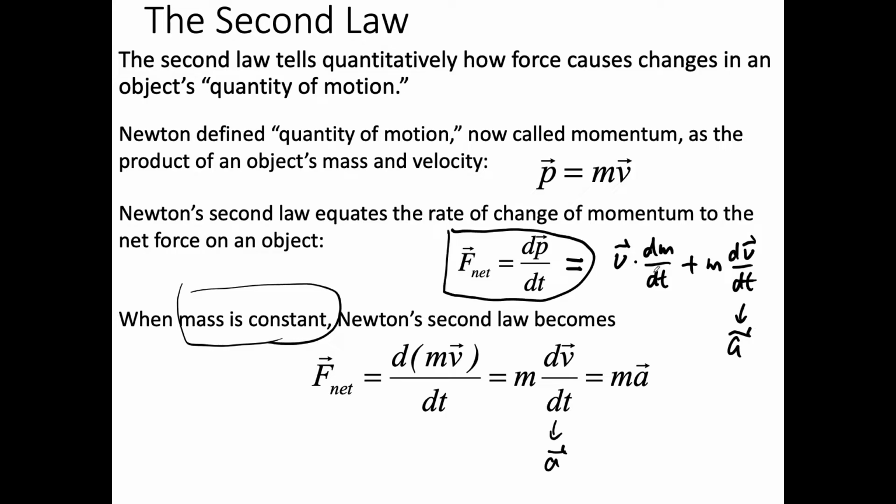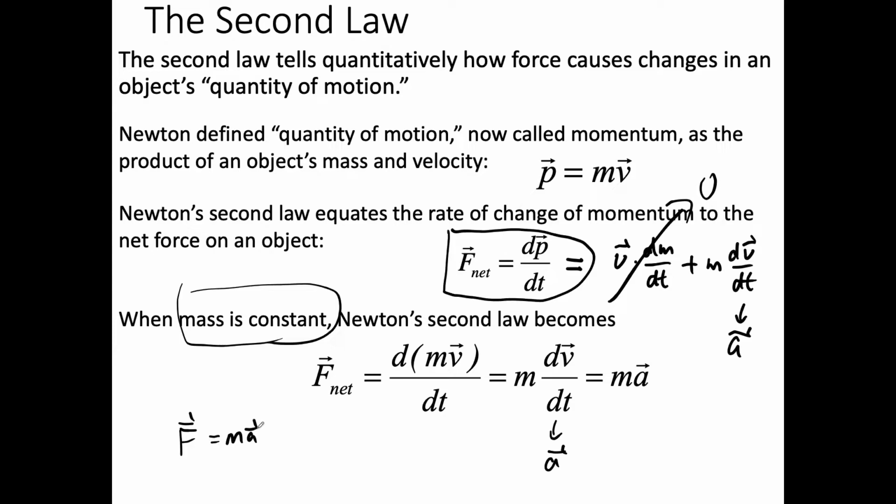If your mass is a constant, then this term is 0. If your mass is not a constant, this term is not 0. So remember, F equals ma is a special case of Newton's second law where mass is constant.